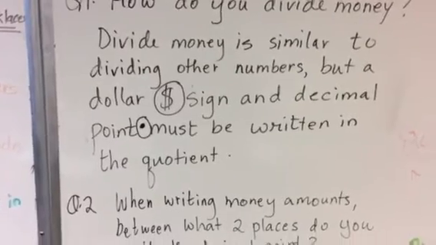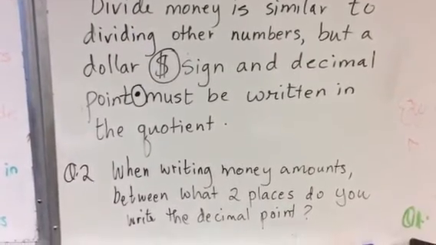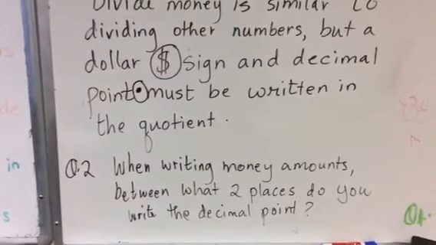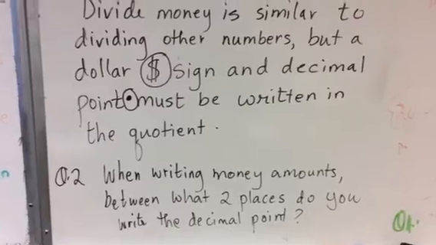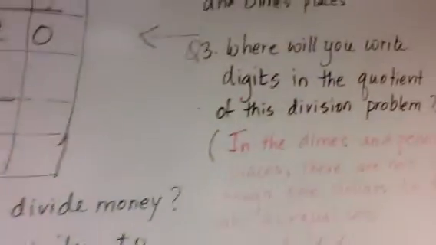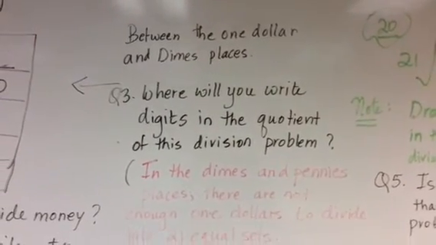Number 2, when writing money amounts, between what two places do you write the decimal point? Think about it. Between the $1 and the dimes place.